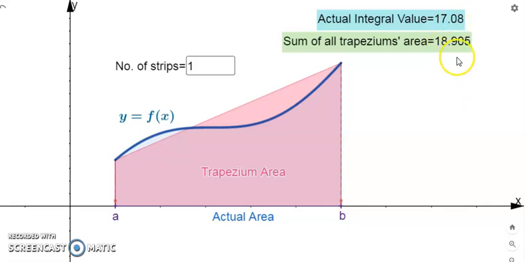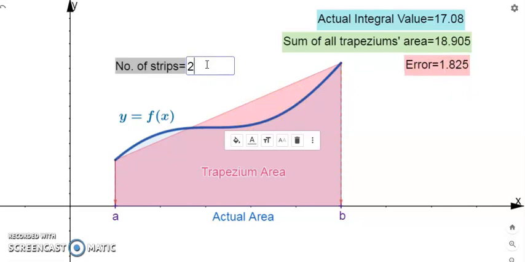Then what is the error for this approximation? I take the difference between the actual value and the sum of the trapezium's area, which in this case gives 1.825. So we can see the error is quite large when we use one strip.